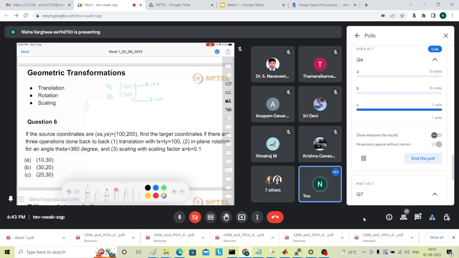So 100, 200. First translation, second rotation, third scaling.